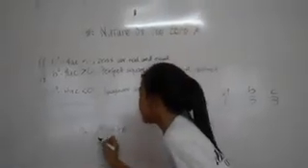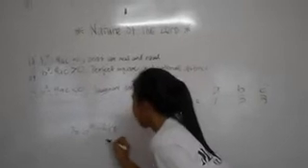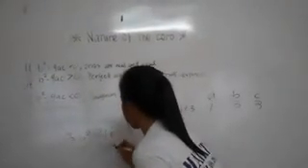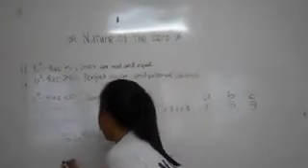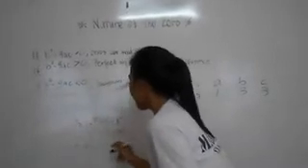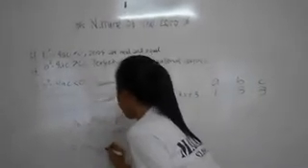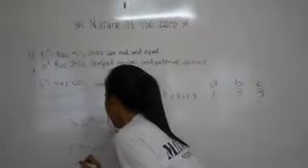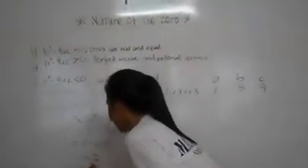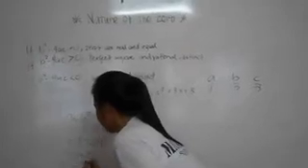And now we will solve for the discriminant. You will just substitute the values: 3 squared minus 4 times 1 times 3. So it will become 3 times 3, 9, minus 4 times 1, 4, times 3, is equal to 9 minus 12, or negative 3.